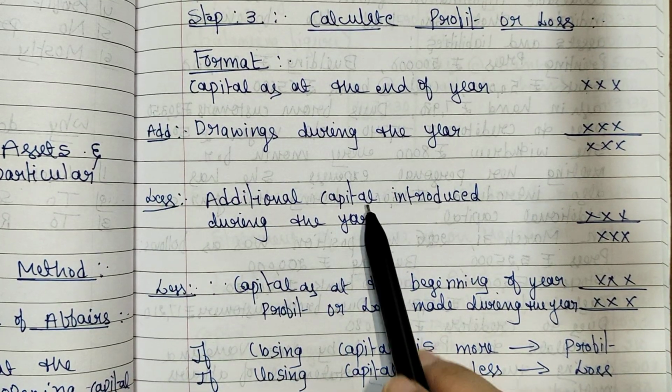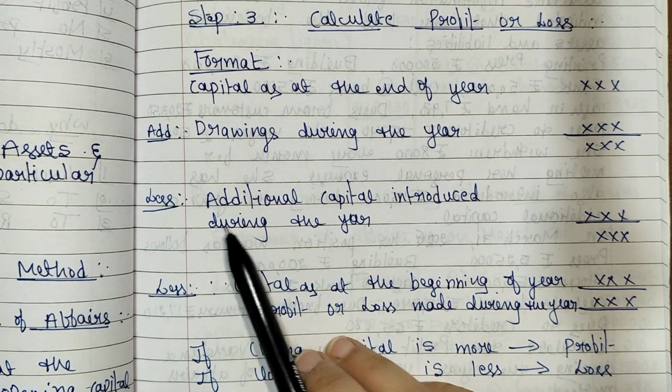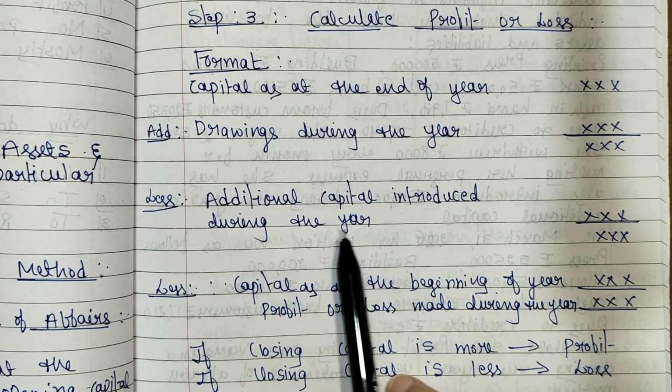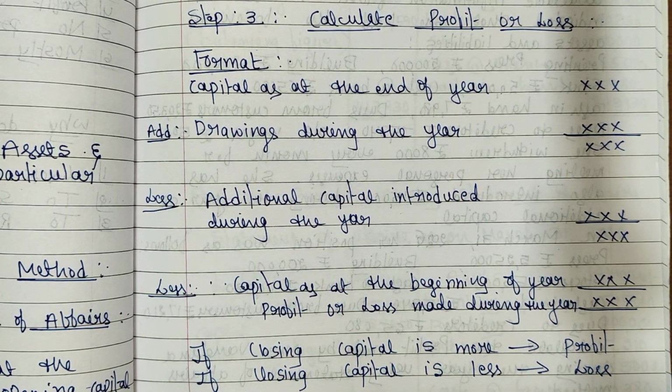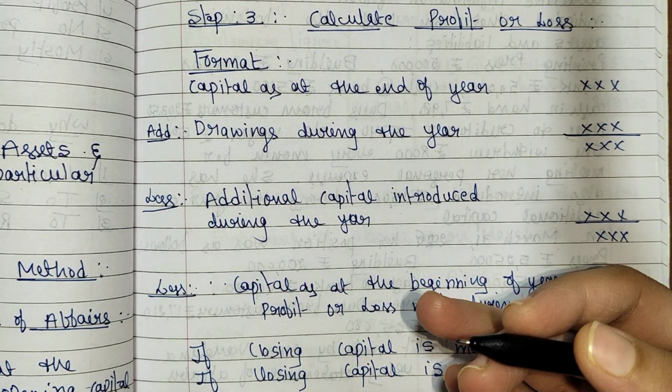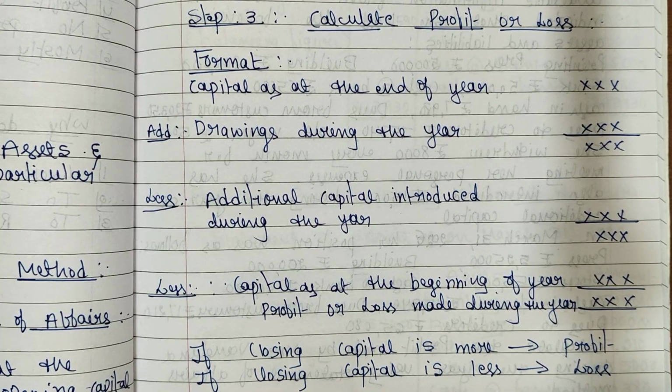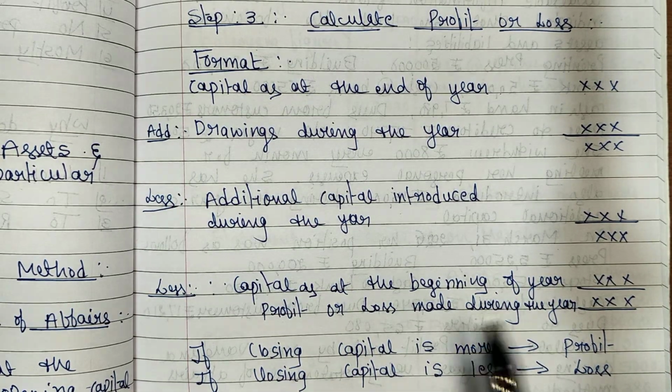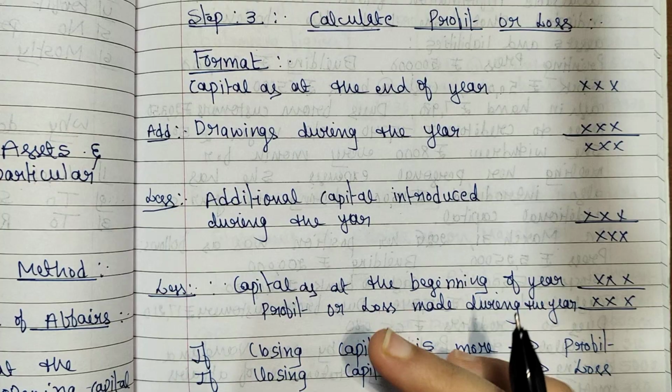Now from that we need to deduct additional capital introduced during the year. Additional capital means extra money introduced by the owner. Why do we need to deduct it? This increases the capital.